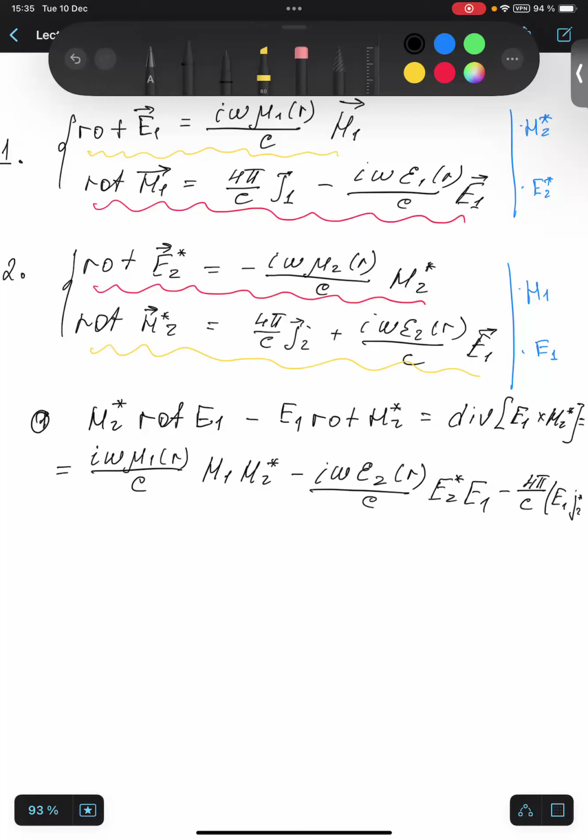I also forgot this, and also conjugated.